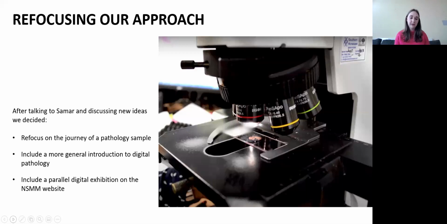A huge team comes together to do different specialized jobs in the process, and it was really important for us to show that it was a really big group effort. There's a big team doing this, and they're all working together to diagnose people's diseases and help them get the right treatment.